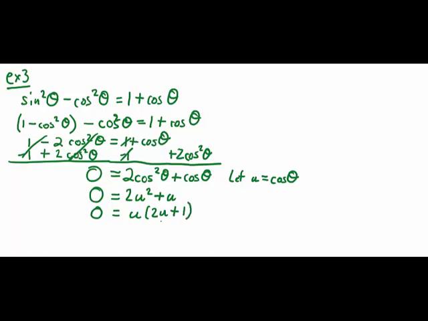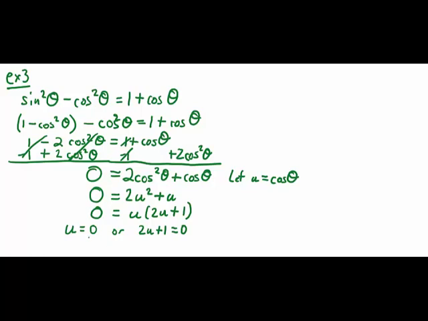There we go. So u times 2u plus 1, and now what we get to do is say that since this times this is going to be equal to 0, therefore u is going to be 0, or 2u plus 1 is equal to 0.